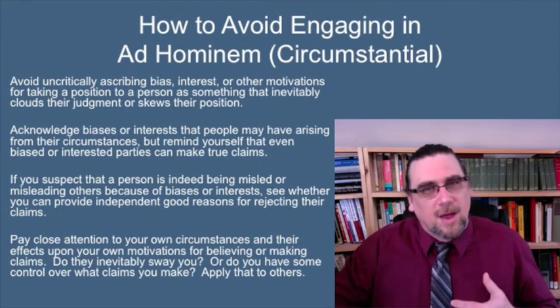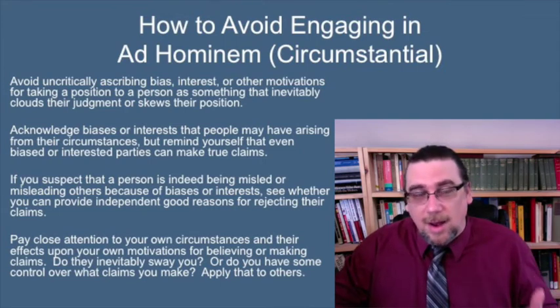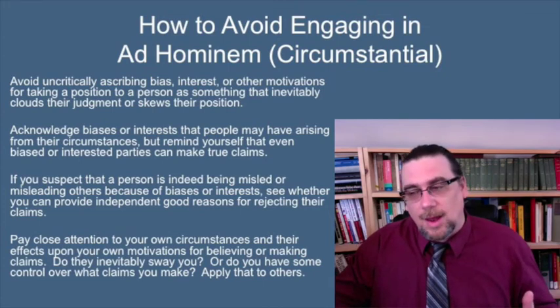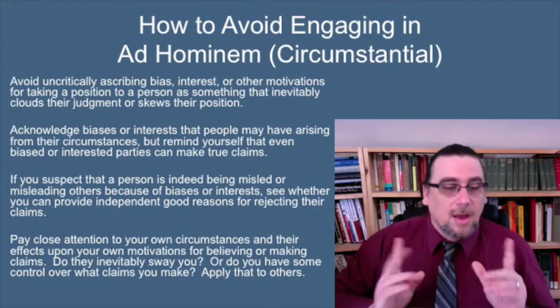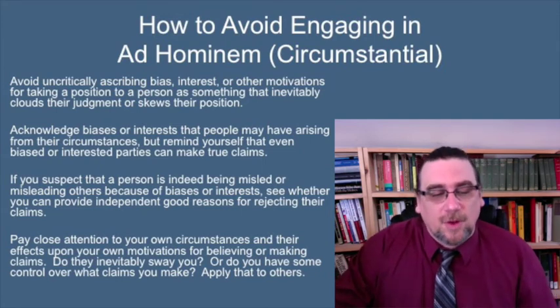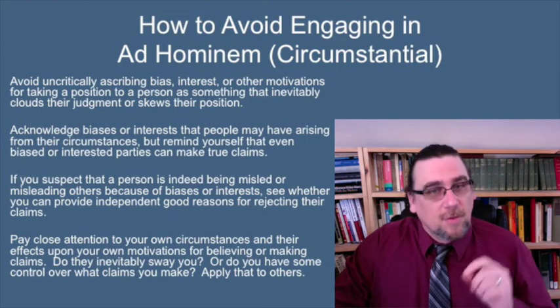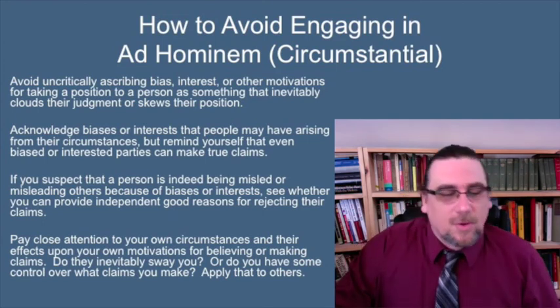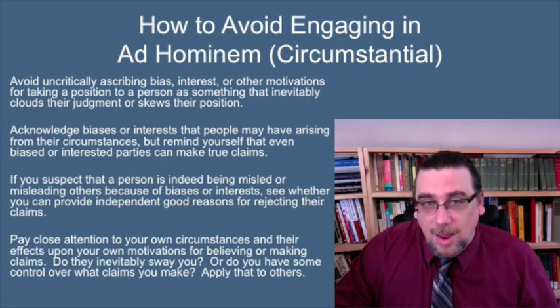So it doesn't provide an automatic get-out-of-an-argument-free card to you when you're running into somebody else. Acknowledge biases or interests that people may have arising from their circumstances, but remind yourself, and you have to do this as an activity, remind yourself that even biased or interested parties can make true claims.